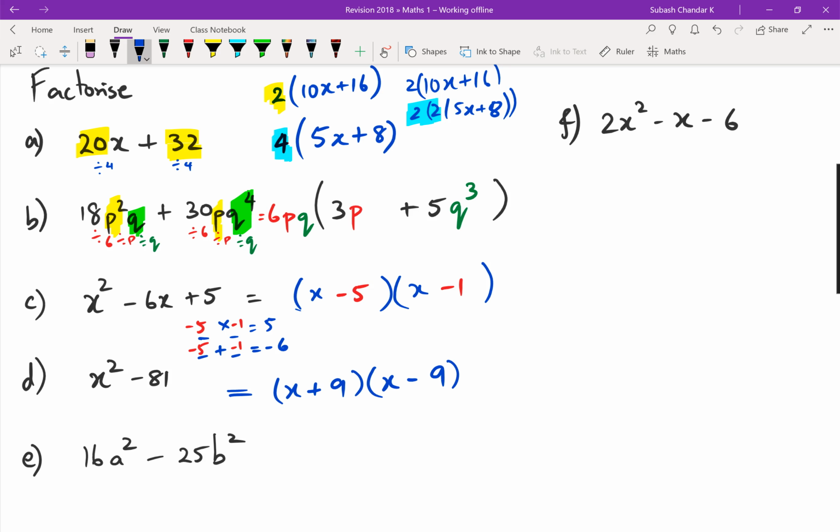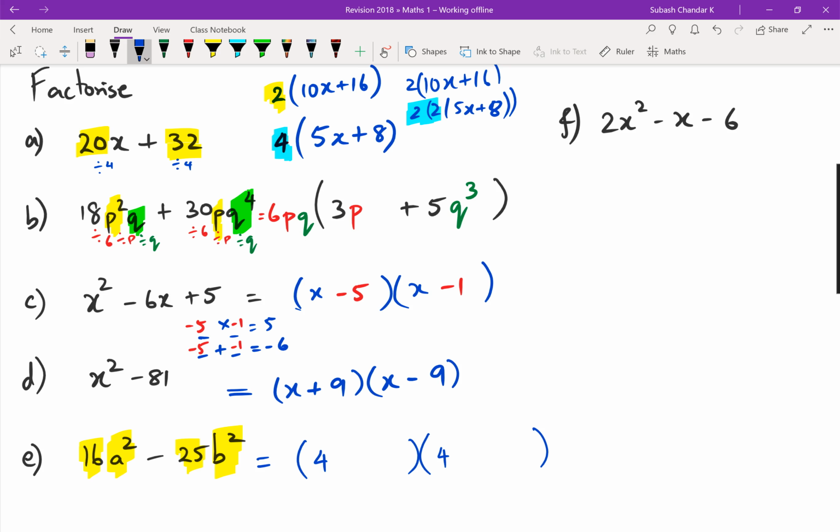And as for question E, it has the same kind of idea. If you look at question E, 16 is a square number, a squared is a square number, 25 is a square number, b squared is a square number. So you've actually got 4 square numbers there. The square root of 16 is 4, so that's going to be 4 and 4 there.